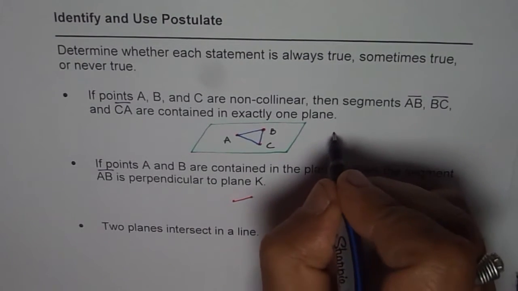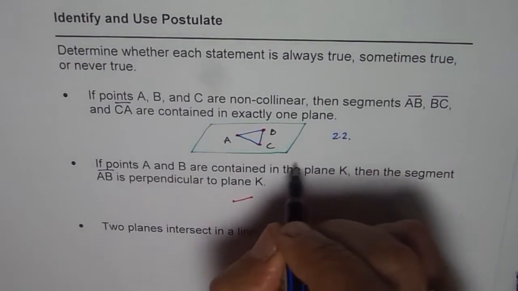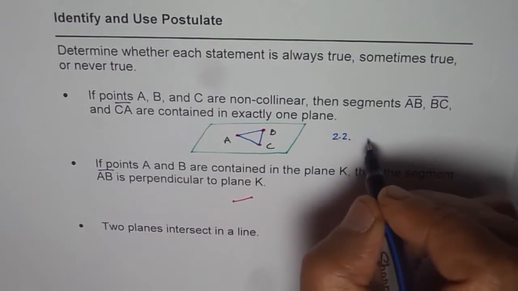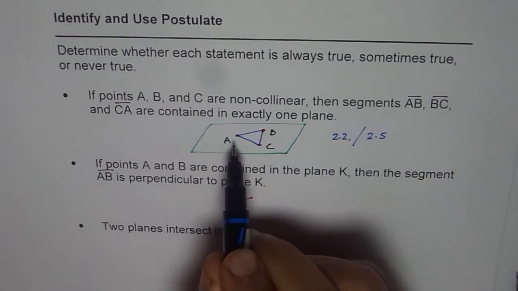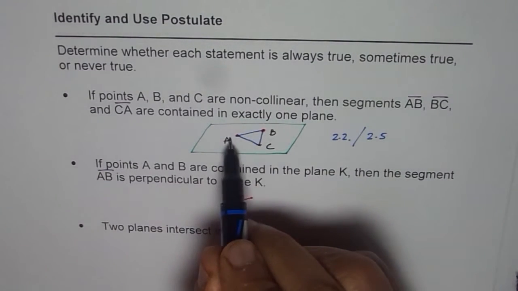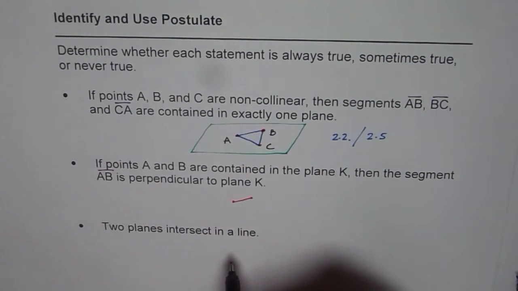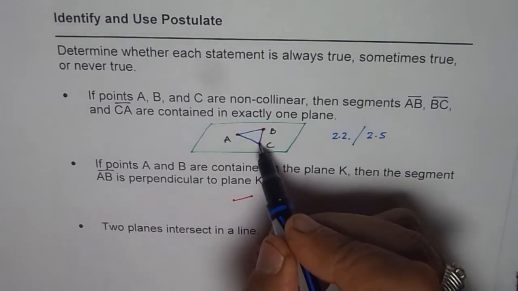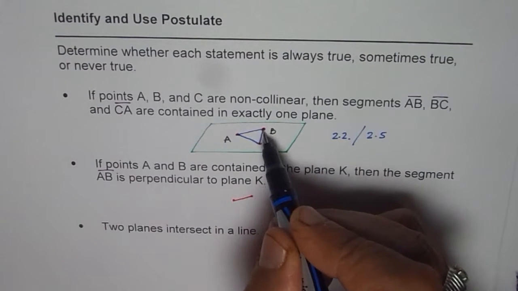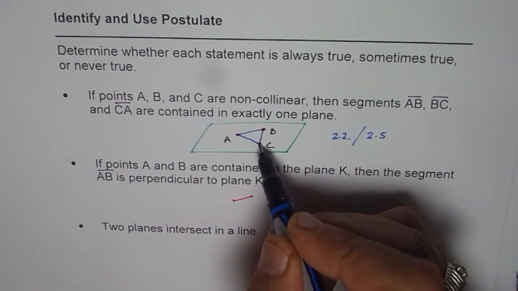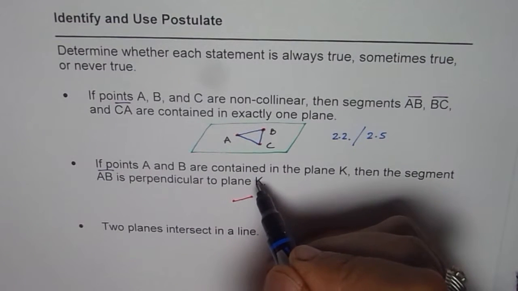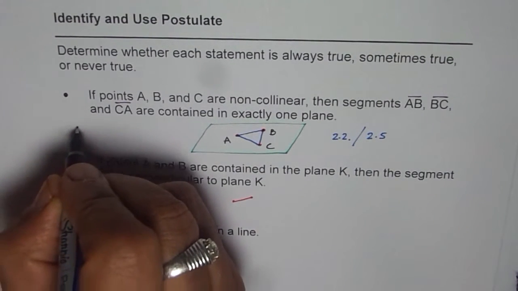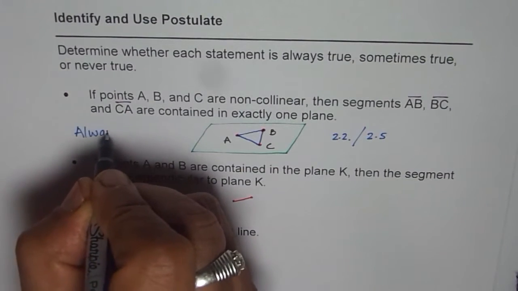Postulate 2.2 defines a plane having 3 points, and 2.5 says if 2 points are contained, then the whole line is contained. Therefore segment AB will be contained. Now similarly, if these 2 points are contained, the line BC, and therefore segment BC, will be contained within the plane, right? So this is always true. So the answer is always true.